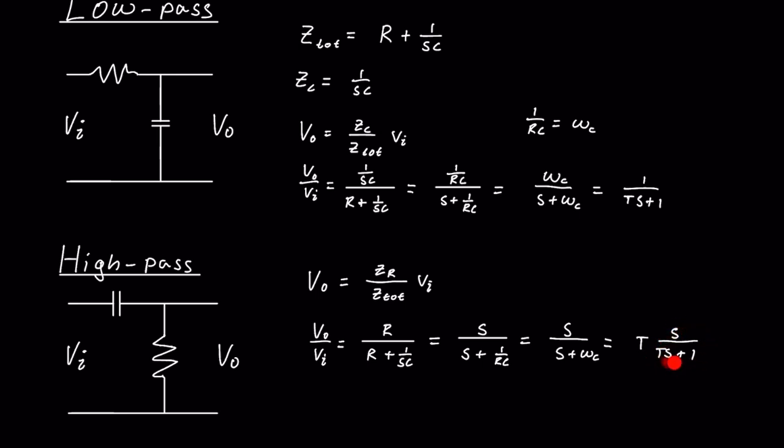Now this is the same as the characteristic for the high pass filter as we saw earlier. So this high pass filter is the characteristic one multiplied by a gain.